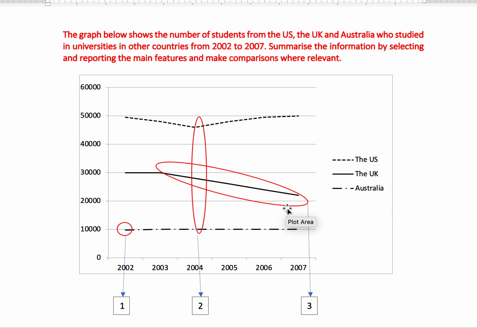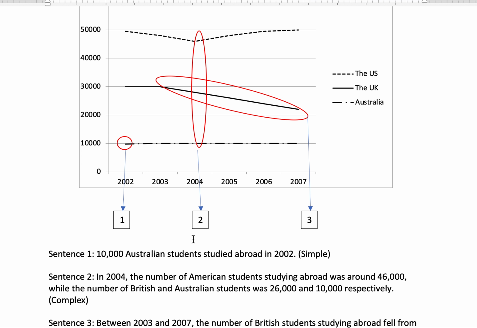These are the three countries, and from these three countries the students studied in universities of other countries. So let us say sentence 1, 10,000 Australian students studied abroad in 2002. So one figure, 1 year. So in 2002, 10,000 Australian students studied abroad.